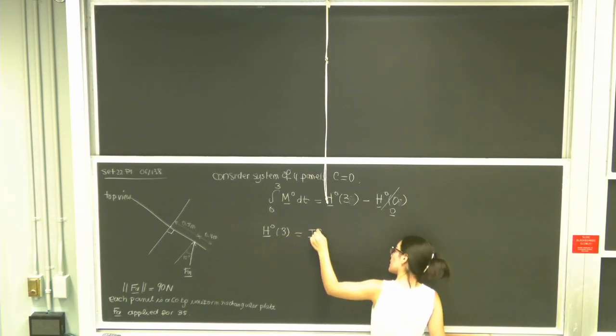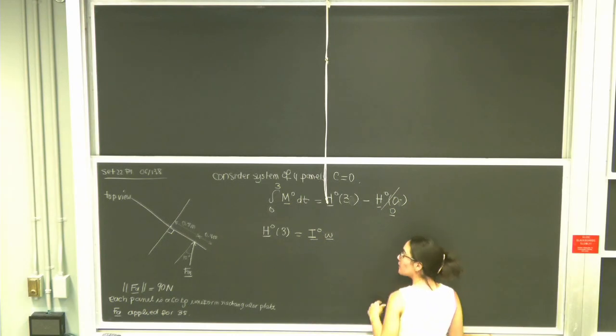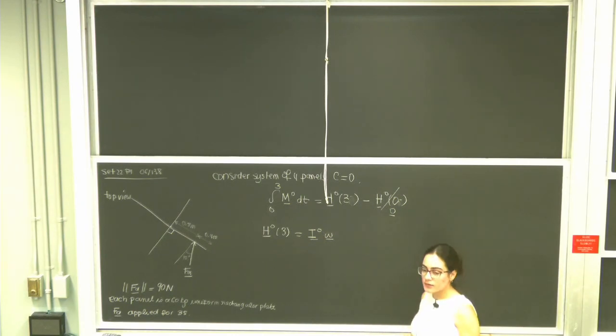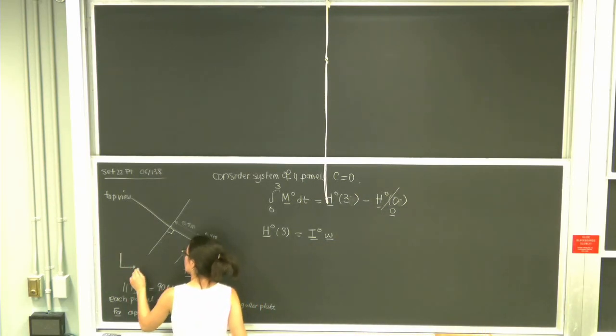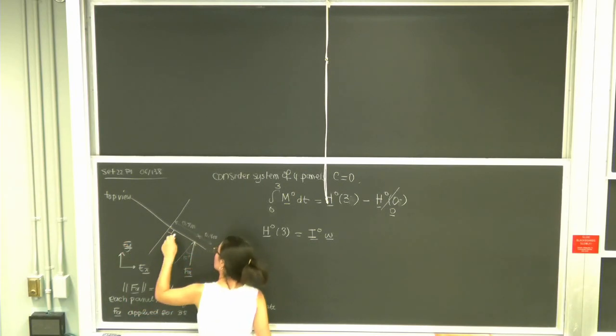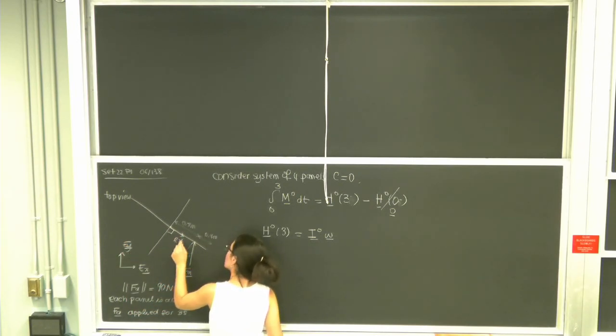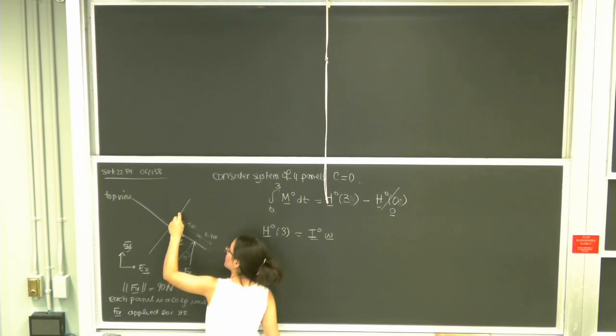Right, I_O omega. Now here omega is along e_z, and expressing this in terms of a basis, I can put a co-rotational basis in here. These planes are perpendicular, so I can do this.